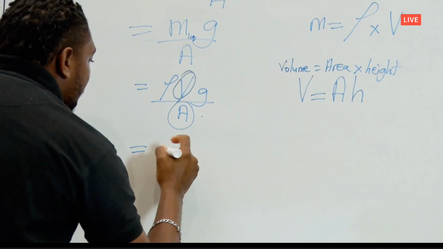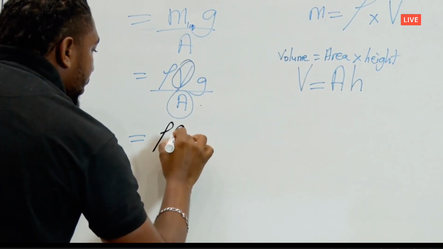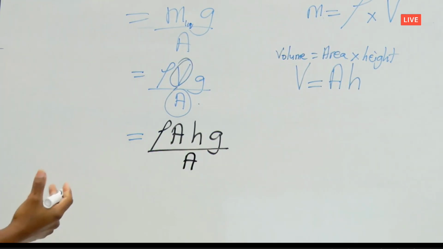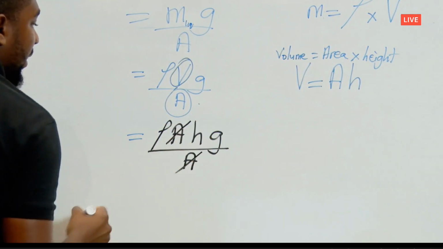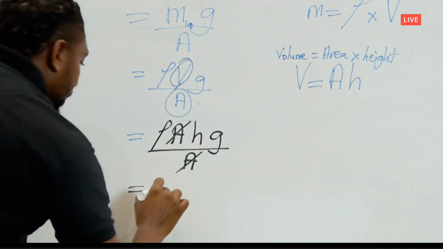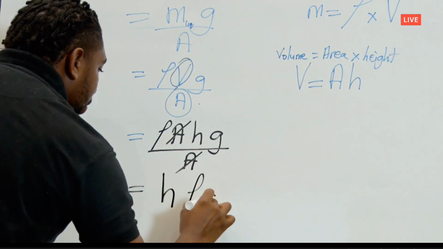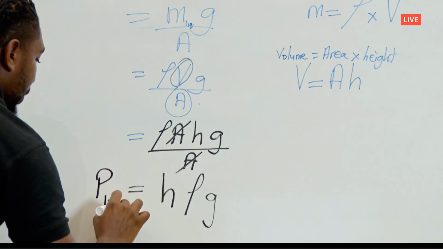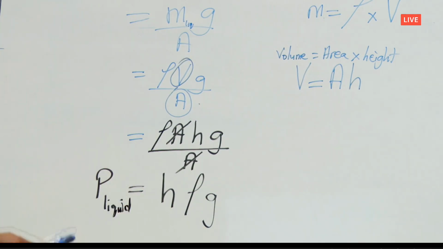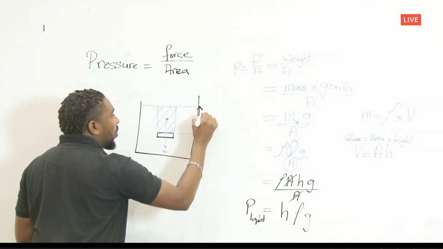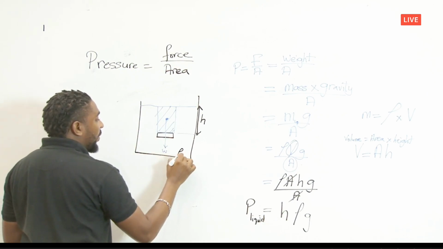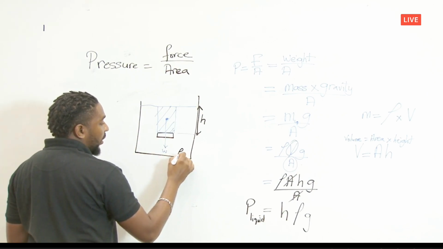So if we substitute this now into this general equation, we get rho A H g over A. And as you can see, that area can cancel area, and we're left with, I'm just going to rearrange it, H rho g is the formula for finding liquid pressure. So we can determine the depth, which is the height of the water column.